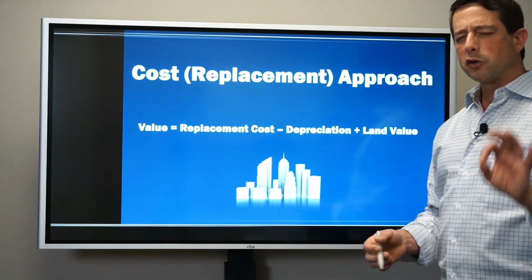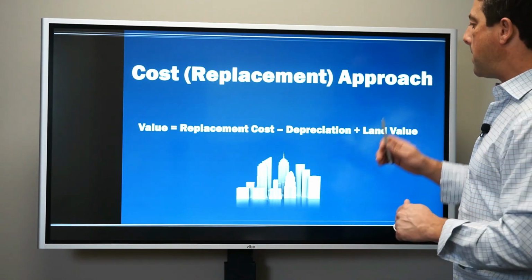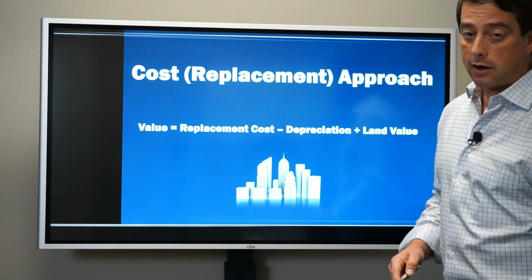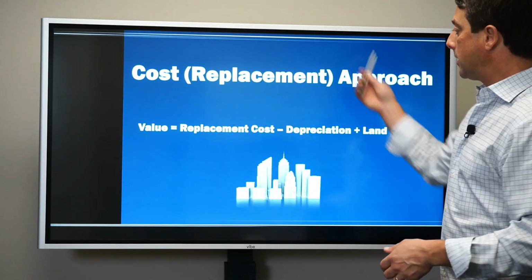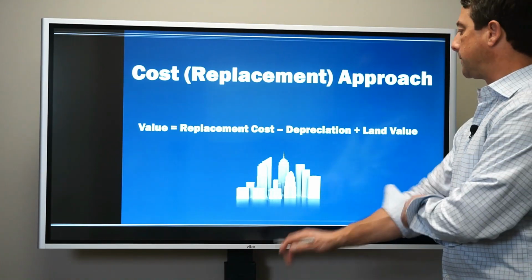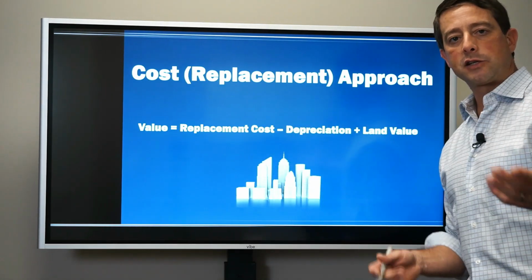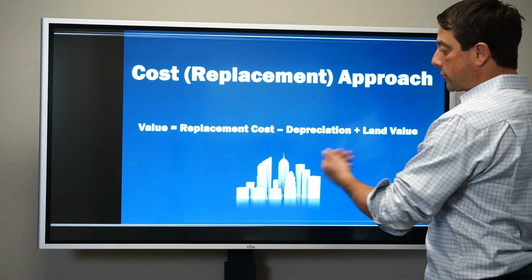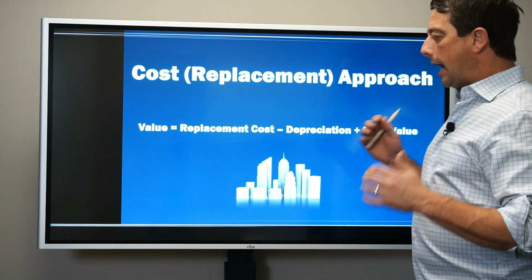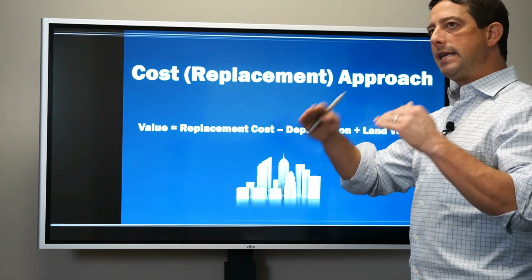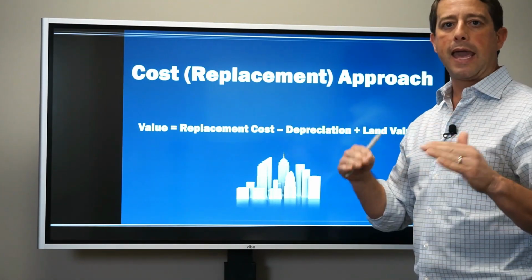This is something you're not really going to do that often. It's something the appraiser will do for the lender when they typically send out an appraiser to inspect your property. They're going to do this plus the other two calculations. Something you can use this for as an investor or a buyer of real estate yourself is to use this value to see, is the value in the market worth paying or not?